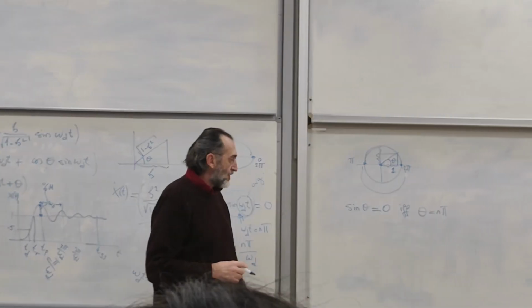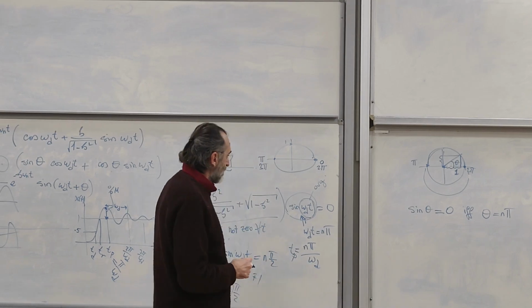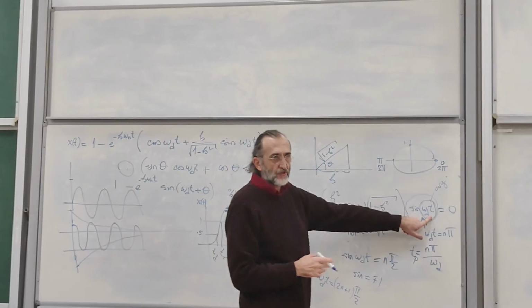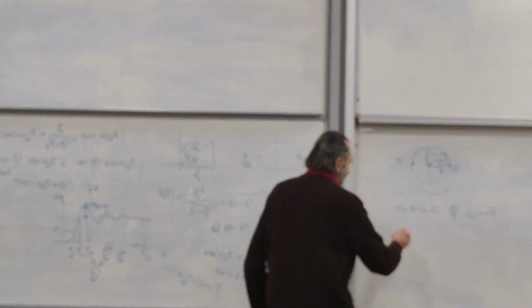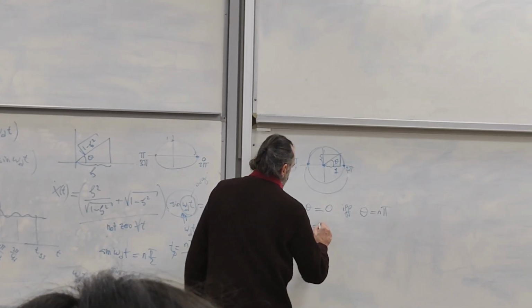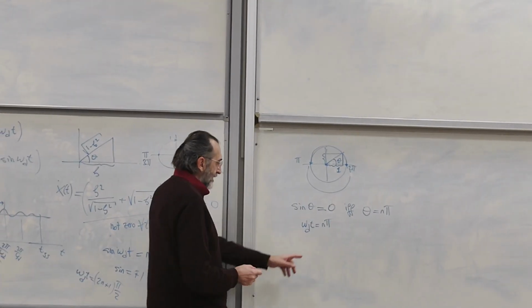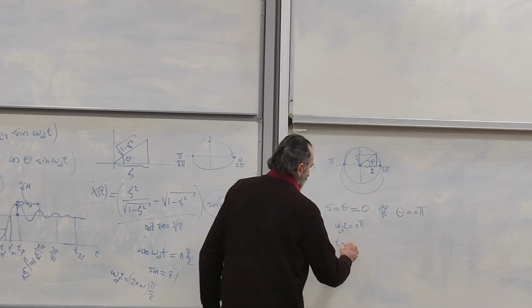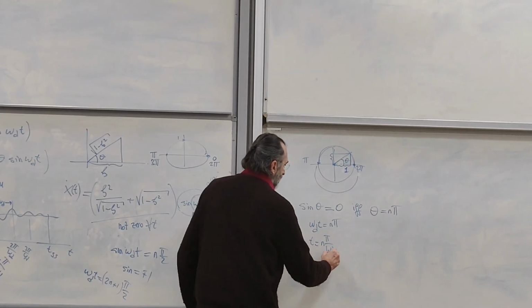Get that? What is the argument of sine here? It's omega d t. So I apply it to that: omega d t is equal to n pi, so t is equal to n times pi over omega d.